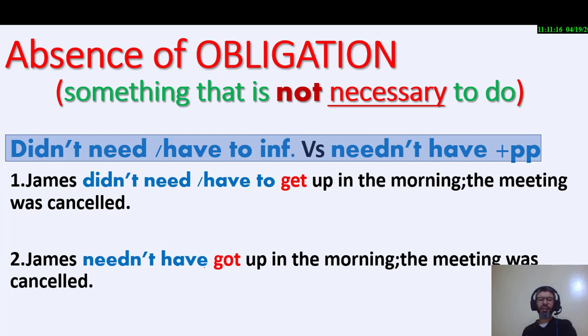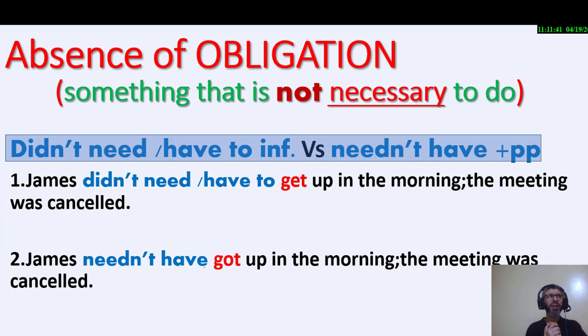James didn't need or didn't have to get up in the morning. The meeting was cancelled. Cancelled means will not take place, okay, or abandoned. Number 2, James needn't have got up in the morning. The meeting was cancelled. Same situation, different modals.